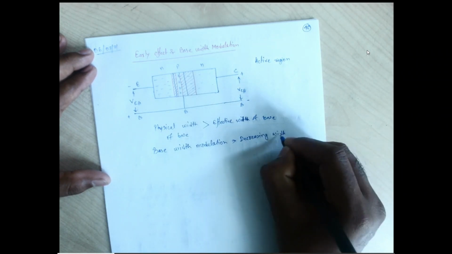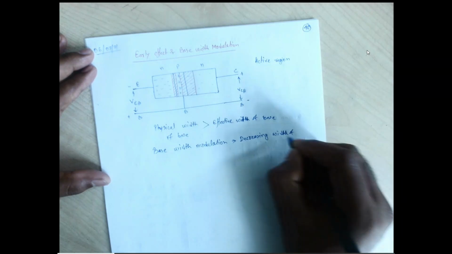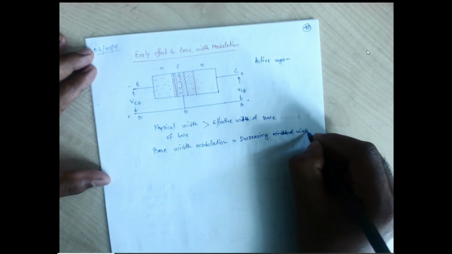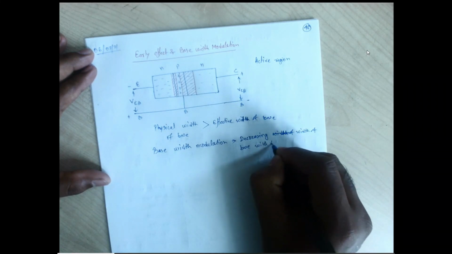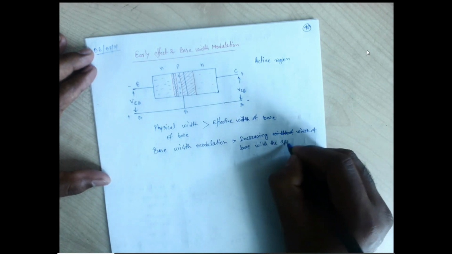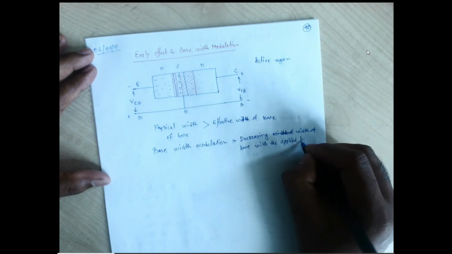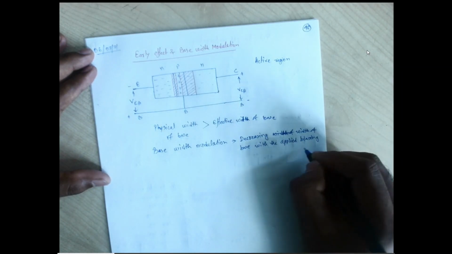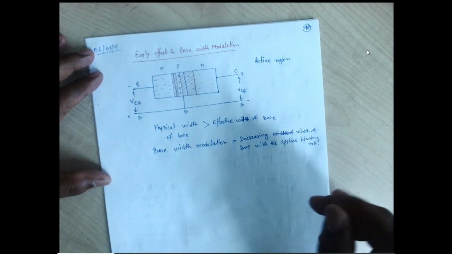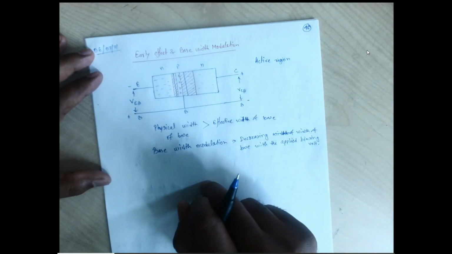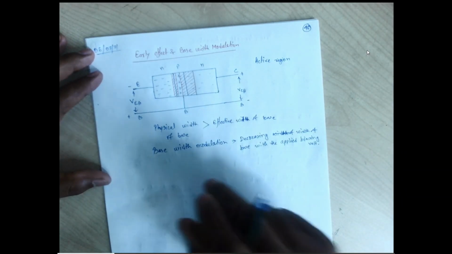That is, the decreasing width of the base with the applied biasing voltage, that is what is base width modulation, and this effect is known as early effect.